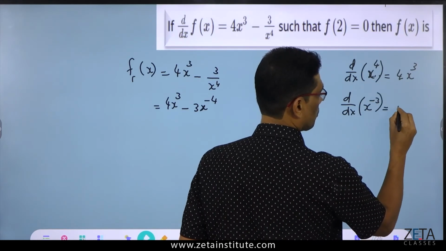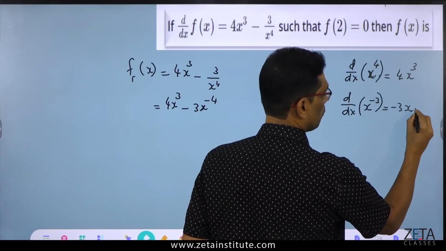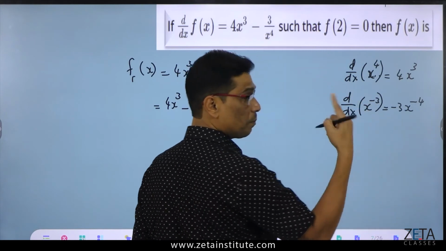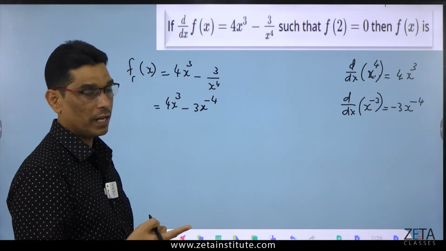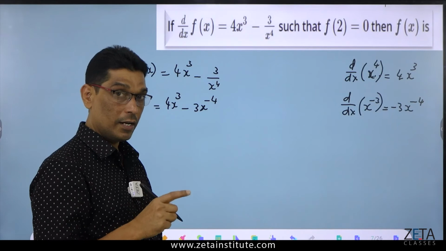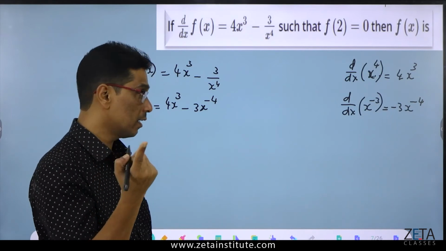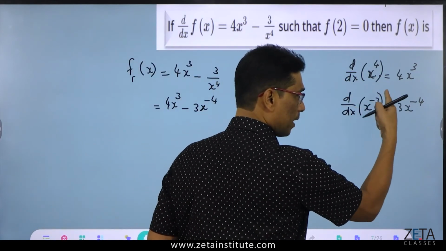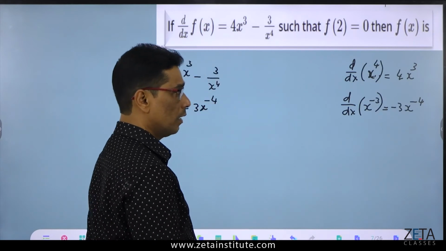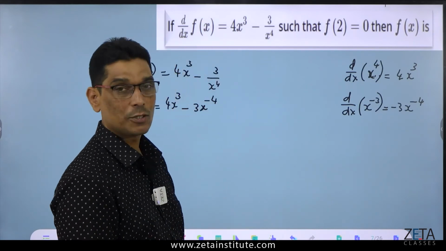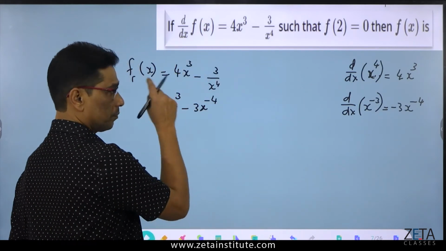x raised to minus 3 gives minus 3 into x raised to minus 4. Since x raised to n gives n into x raised to n minus 1, minus 3 minus 1 is minus 4. So minus 3 x raised to minus 4. Clear?